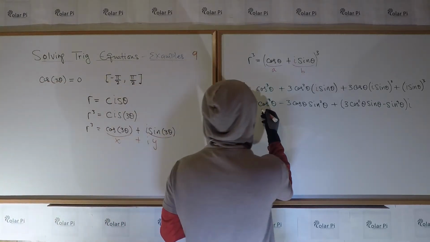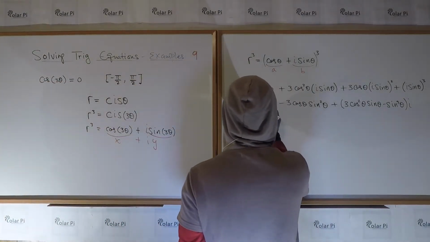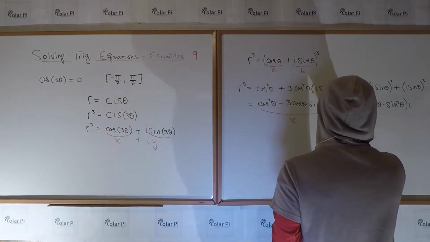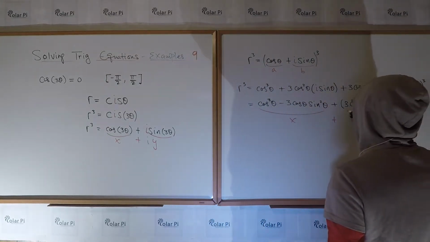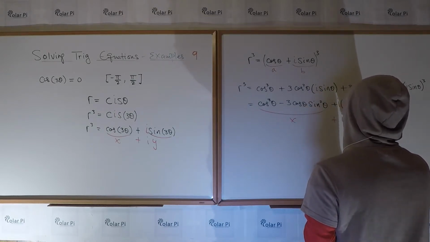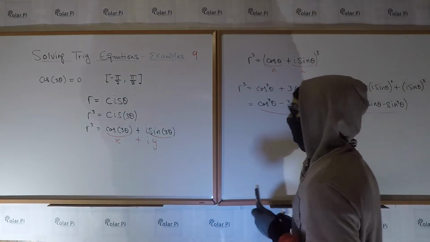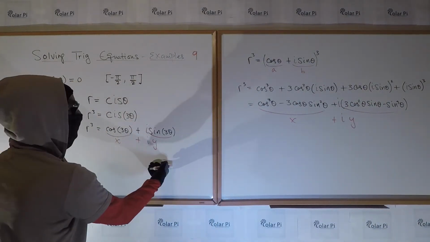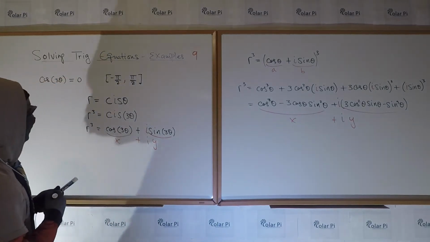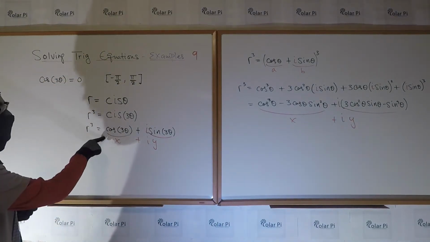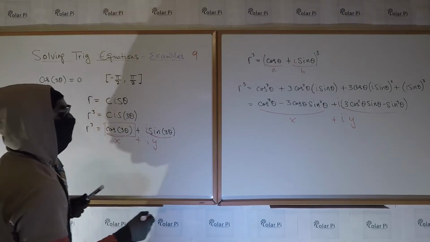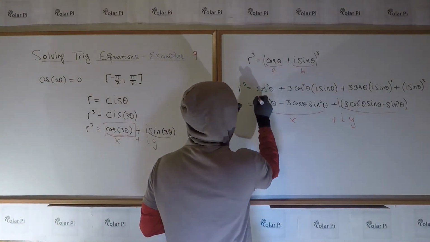Well, this version of R cubed is x plus, I guess I could put the i in front here, i times y, where this is y. So then, since this R cubed is the same as this R cubed, the comparison would lead us to conclude that cosine 3 theta, right here, must equal this here.